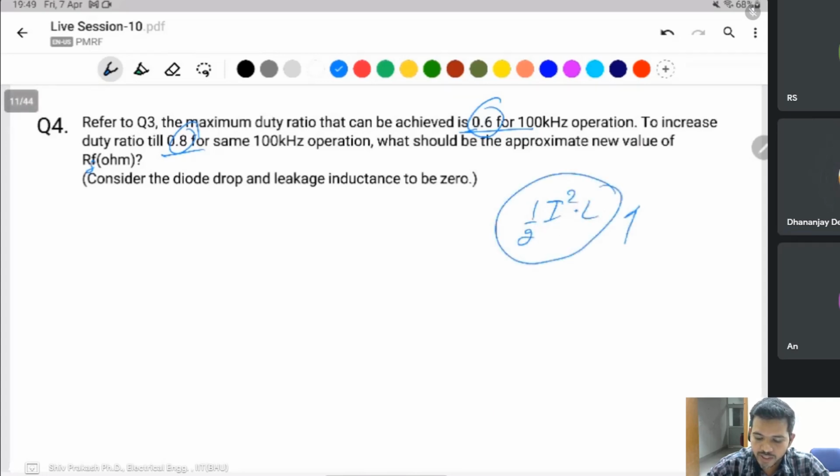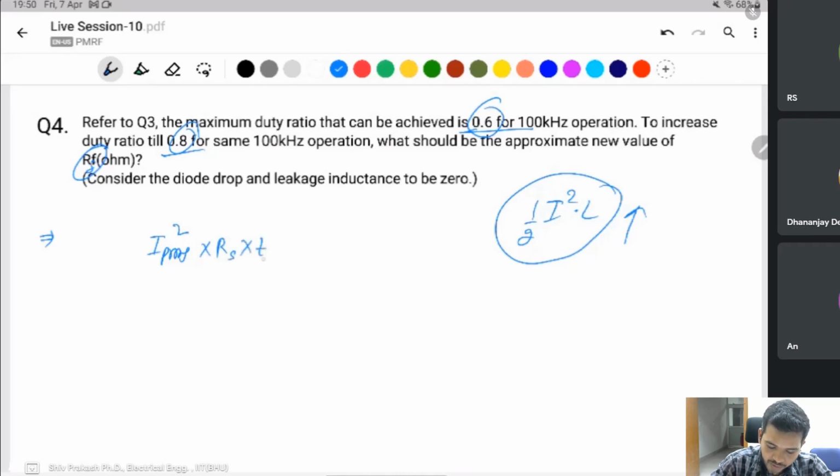This energy will be increased, and at that time you should increase the resistance to dissipate this energy. If power is calculated in the resistance, it is IP RMS square times RS, the resistance, times the time period.